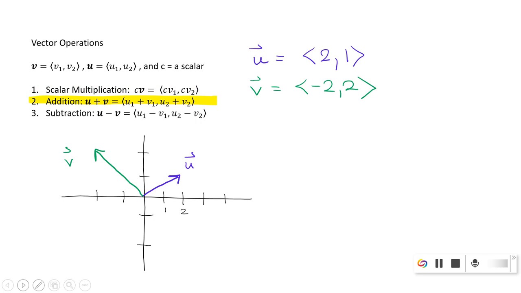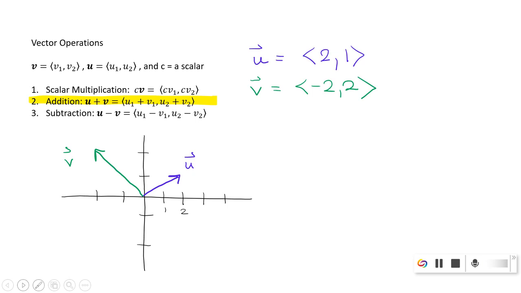So for example, if I want to take vector u, which I'm going to say for this example is 2, 1, and I have that graphed on the screen in blue, so over 2, up 1. And then vector v, I'm going to define to be -2, 2, so to the left 2, up 2.